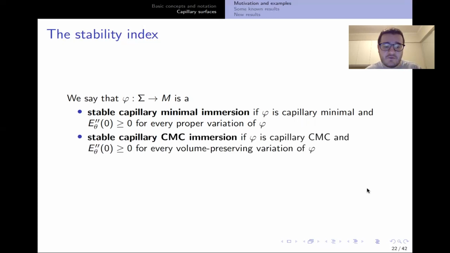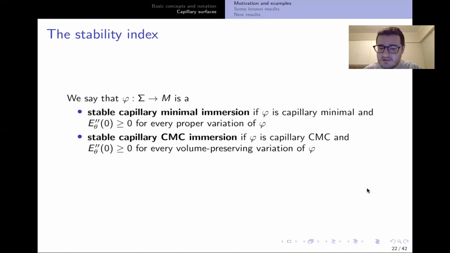And it's called a stable capillary CMC immersion if, of course, it's capillary CMC, and also the second variation of energy is non-negative for every volume preserving variation of phi.